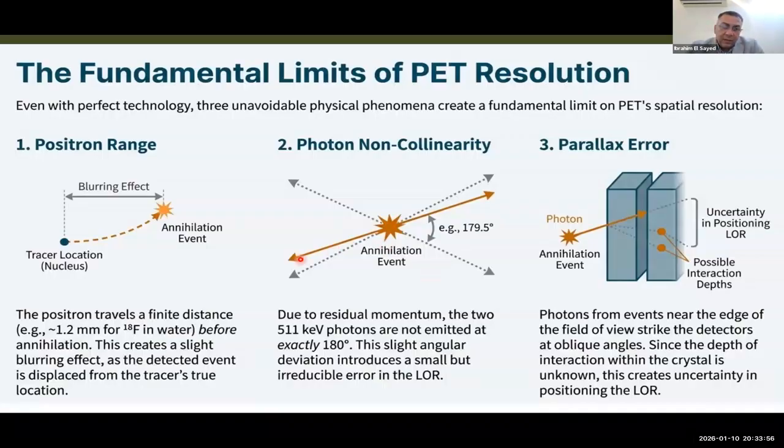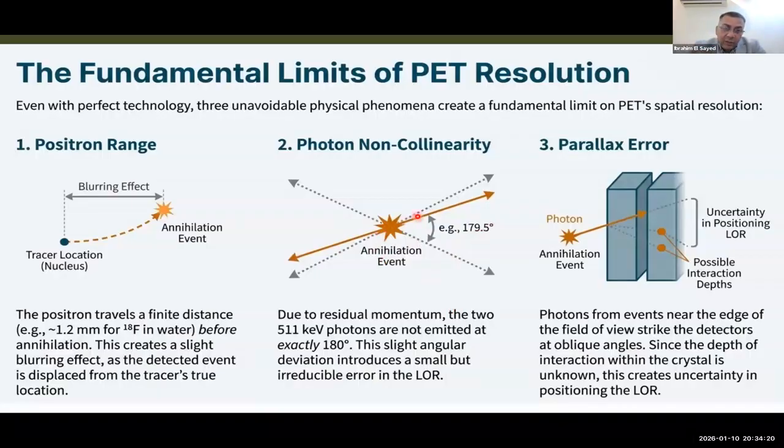As we see here, the basic physics states that they will annihilate at exactly 180 degrees. The actual situation is not like that. It will range from 179.5 to 180.5, so it has plus or minus 0.5 degrees variation.